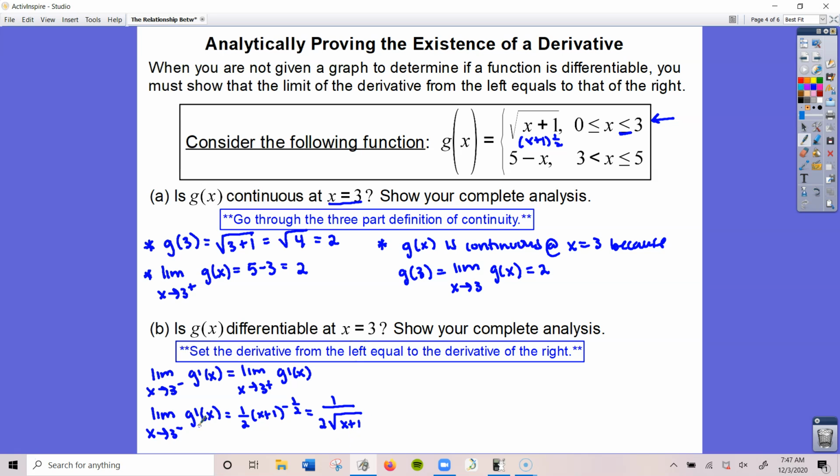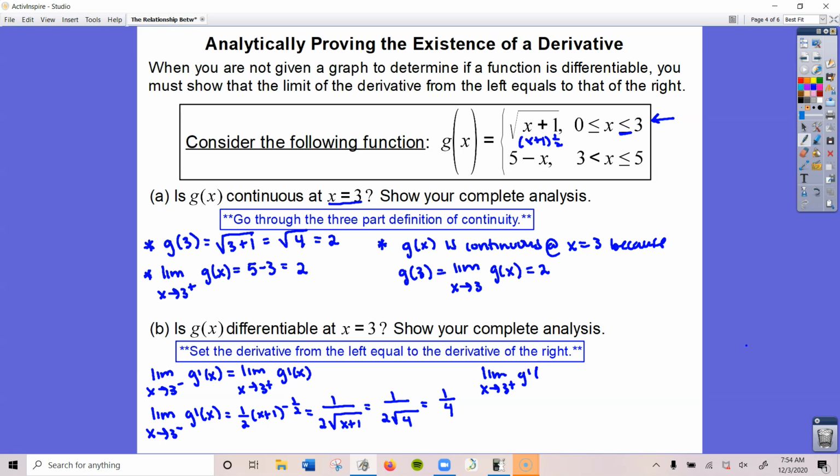Now I can plug in the 3, and I get 1 over 2 times the square root of 3 plus 1, which is 4, which gives me 1 over 2 times 2, so 1 over 4. This means that the limit as x is approaching 3 from the left of g prime of x is equal to 1 over 4.